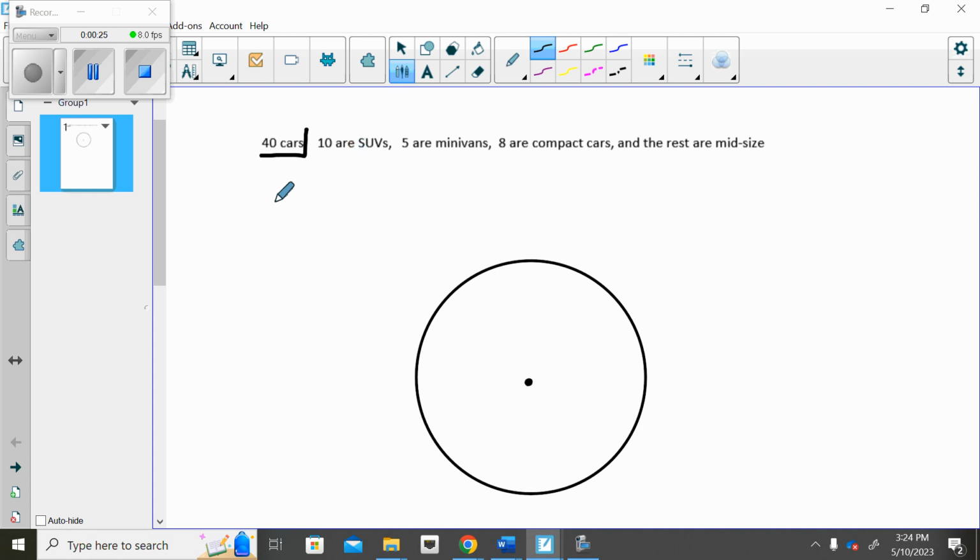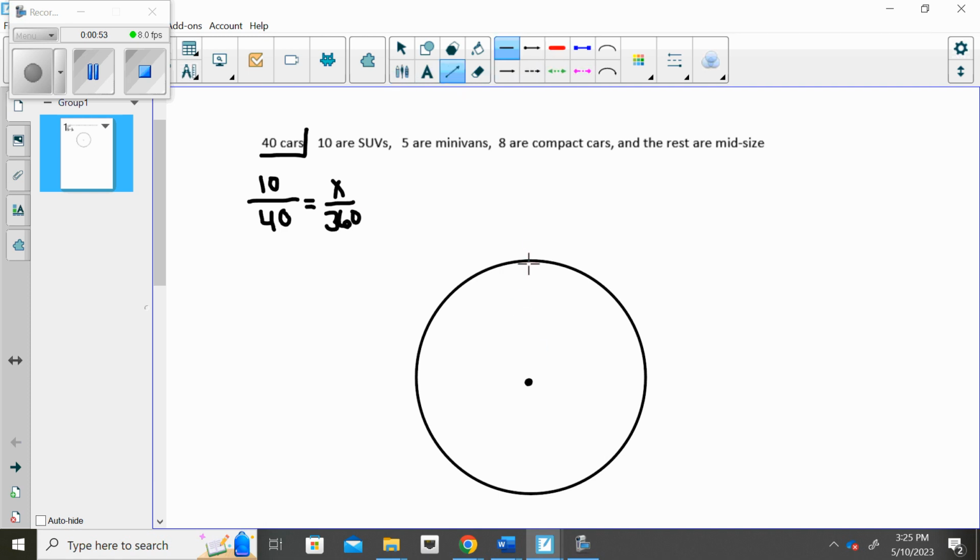So 10 are SUVs. So in order to change this into a central angle to put in our circle, actually, I don't think you should need to do any work for this, right? A quarter, right? So a quarter of our circle. We could do a proportion, but I hope you recognize a quarter of our circle is 90 degrees.